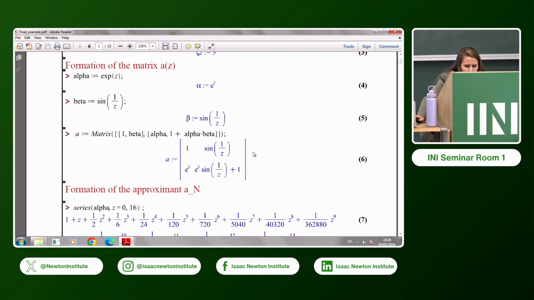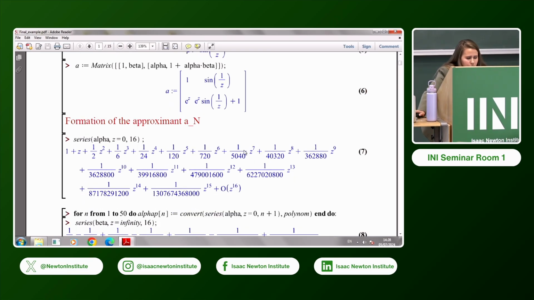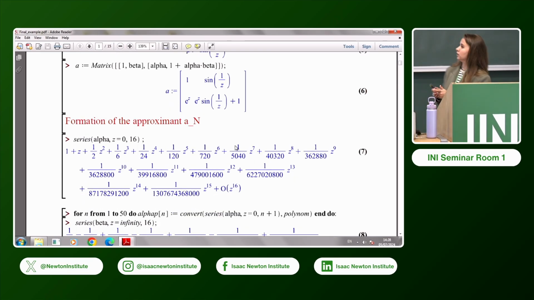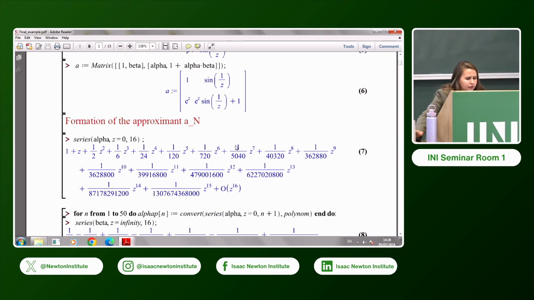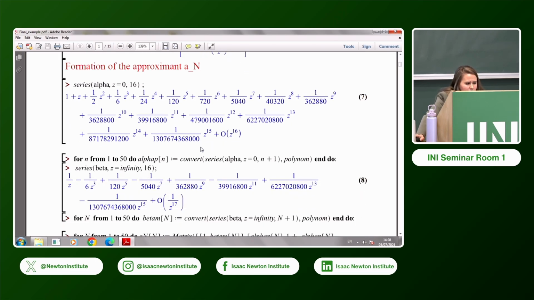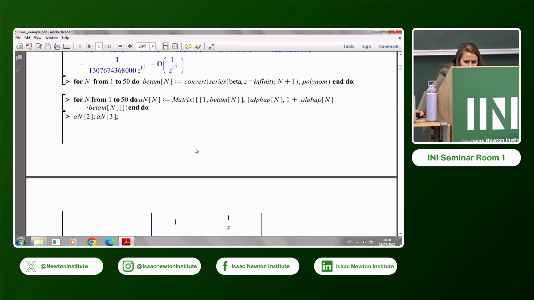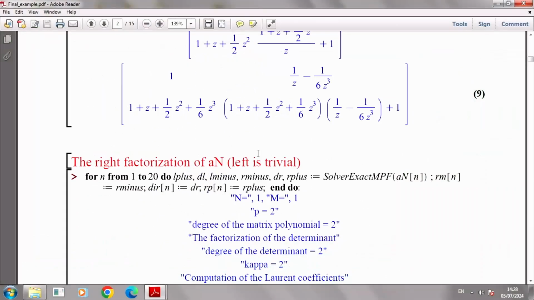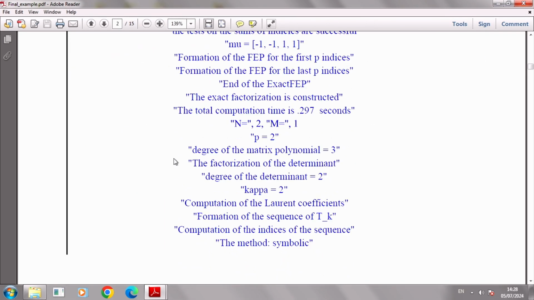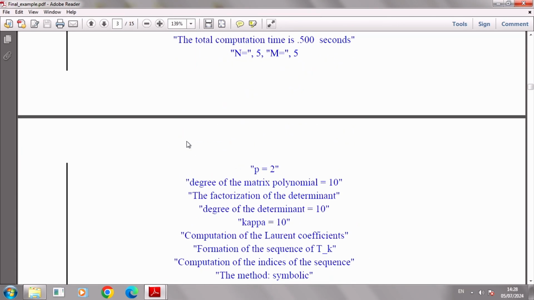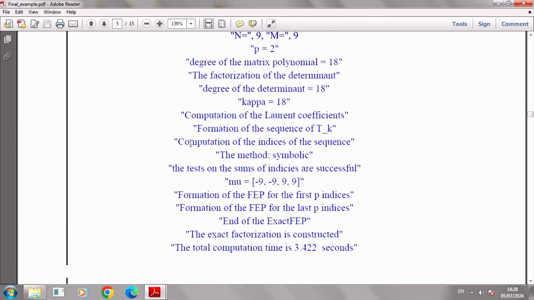So let's have a look. We form the approximant. Then we find the right factorization of it. It takes a lot of time, quite a long example.